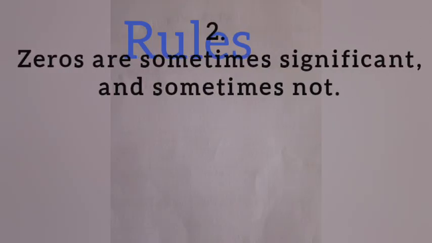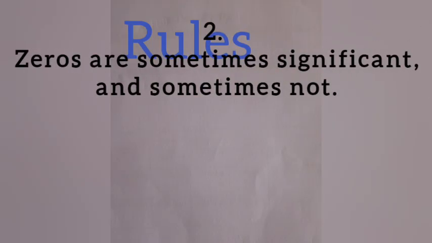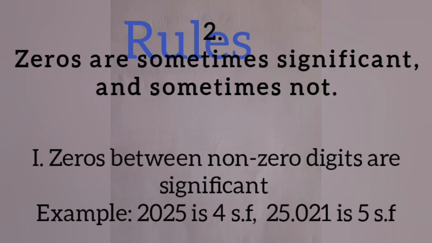Let's look at rule number 2. Rule number 2 is zeros are sometimes significant and sometimes not. Number one, under this rule, zeros between non-zero digits are significant. For example, 2025.